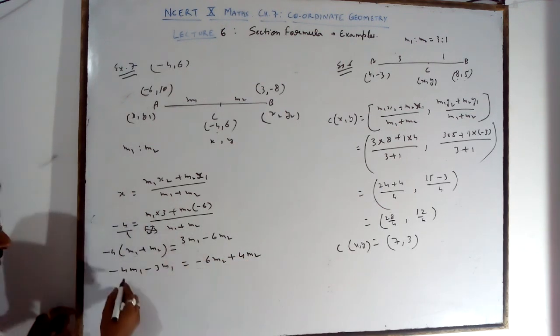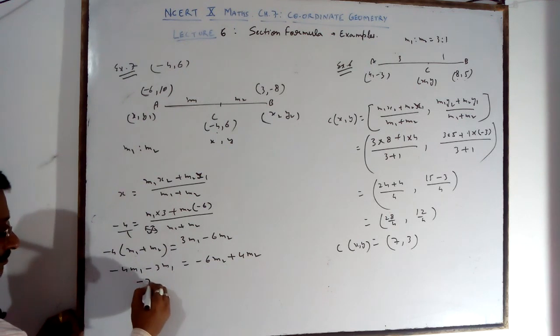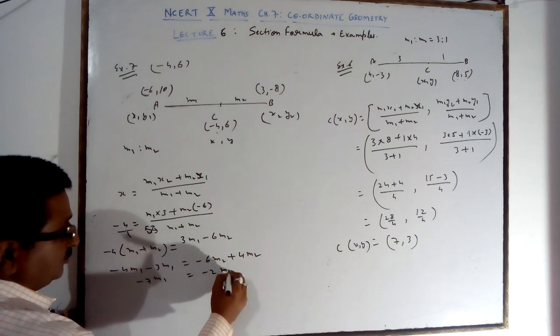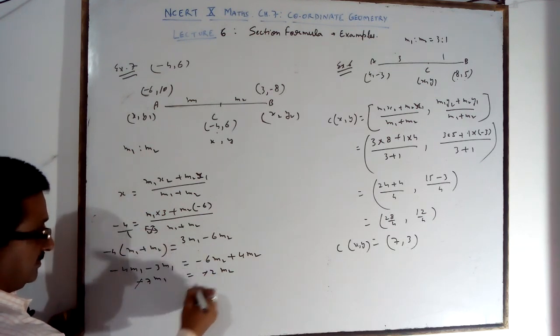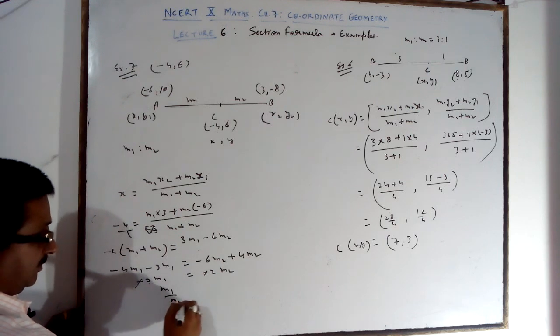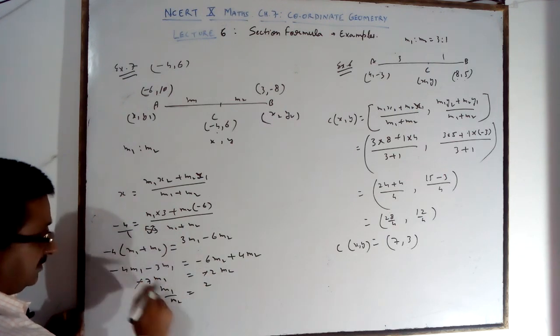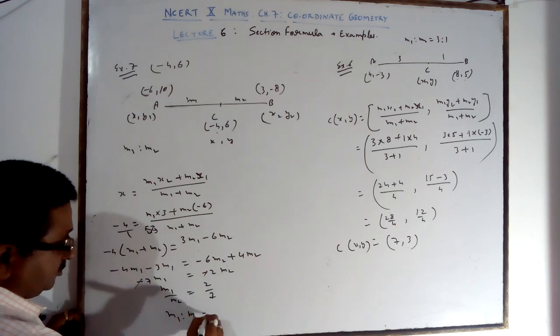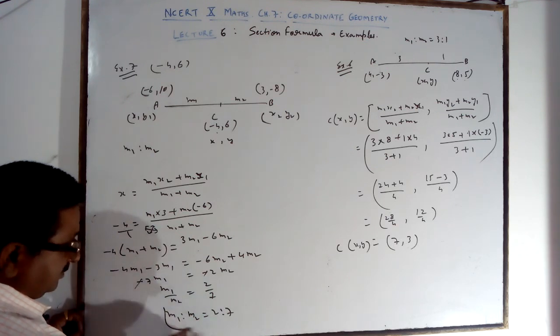Open and then transpose: minus 7 m1 is equal to minus 2 m2. Minus and minus cancel. M1 and M2 come on one side, so m1 upon m2 is 2 by 7. So m1 ratio m2 is equal to 2 is to 7.